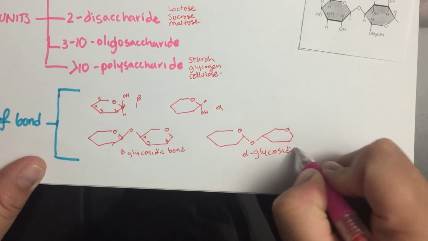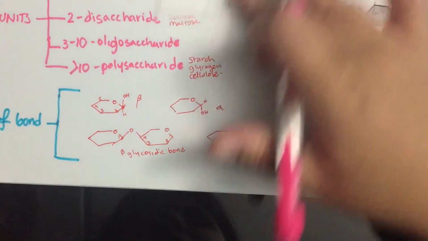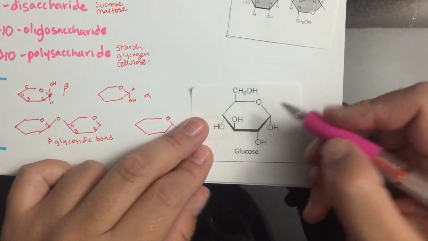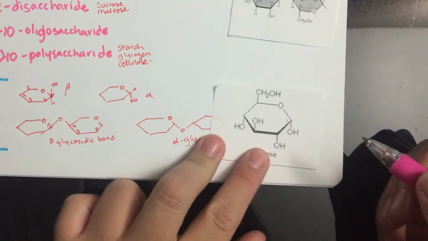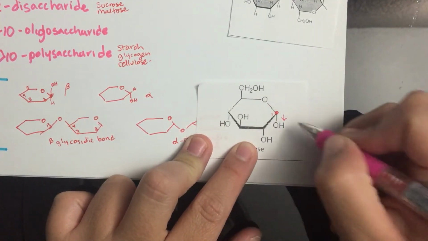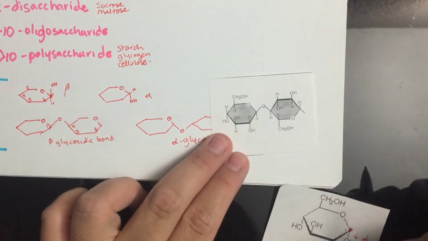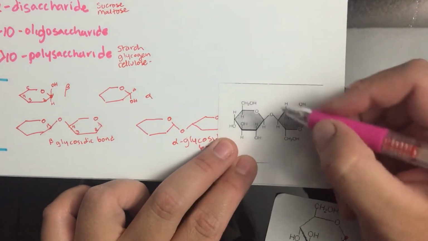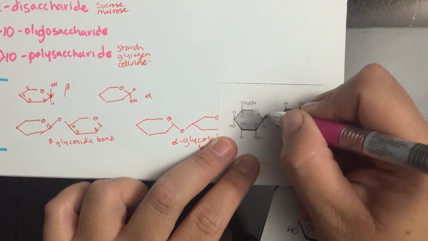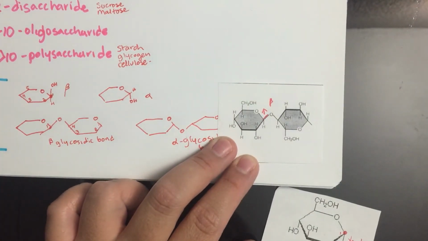Very good. Now time to categorize a few of them. For this glucose, what do we have? Carbon number 1 is this one, and you have your hydroxy group going downwards, so it's going to be alpha. On this other example, we have a disaccharide and it's going upward, so it's going to be beta.